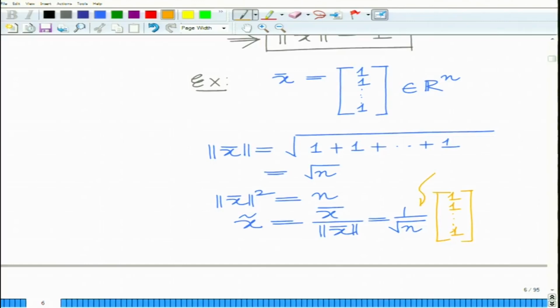So, this is basically the corresponding unit norm vector. Okay. All right.